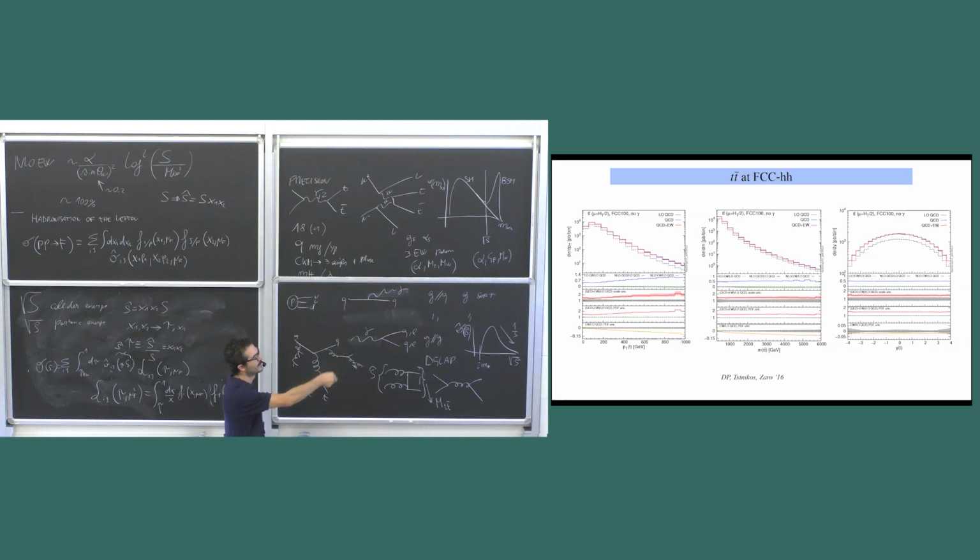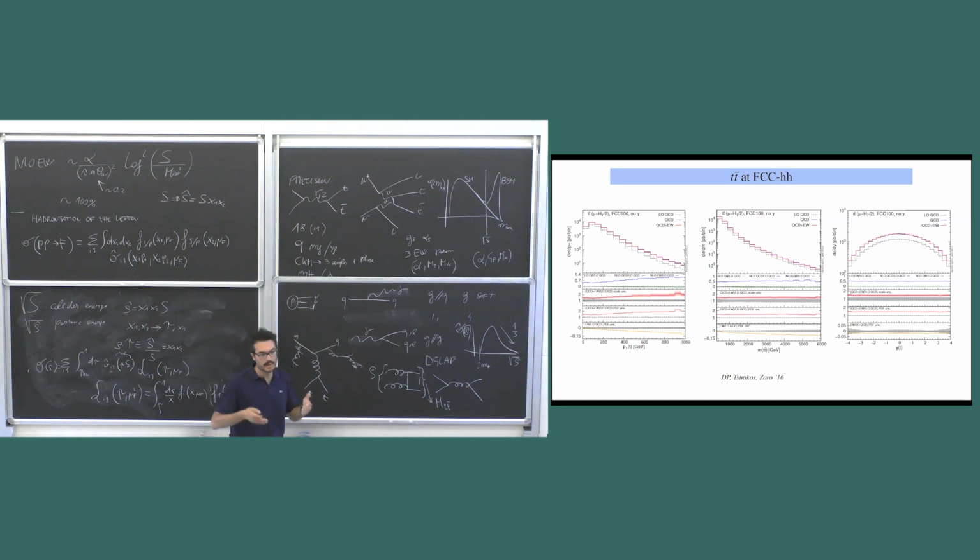So the spectrum in a hadron collider, if you increase the energy, is not changing so much. In this t tbar production, you are mainly dominated by gluons. At LHC, 90% of t tbar production is gluon-gluon induced. At 100 TeV, if I'm not wrong, it is like 97, 98%.